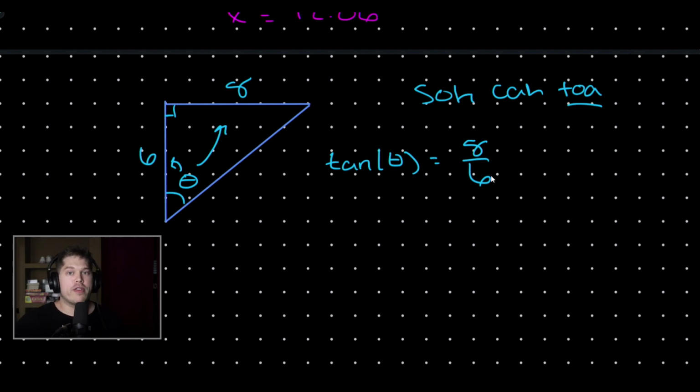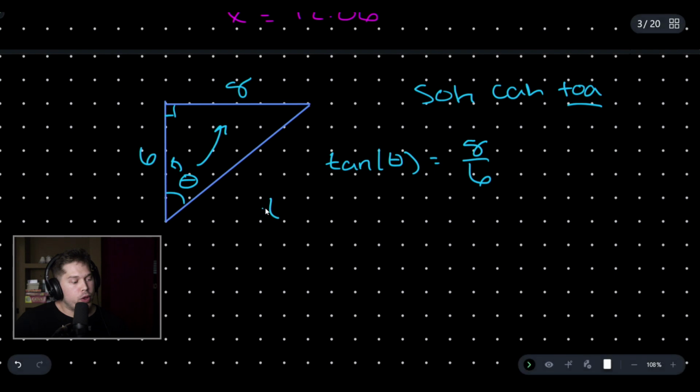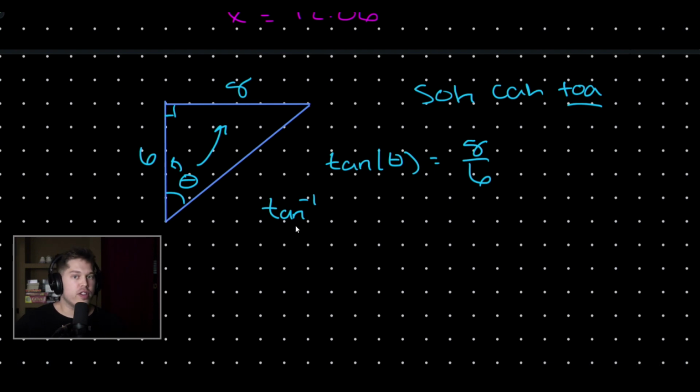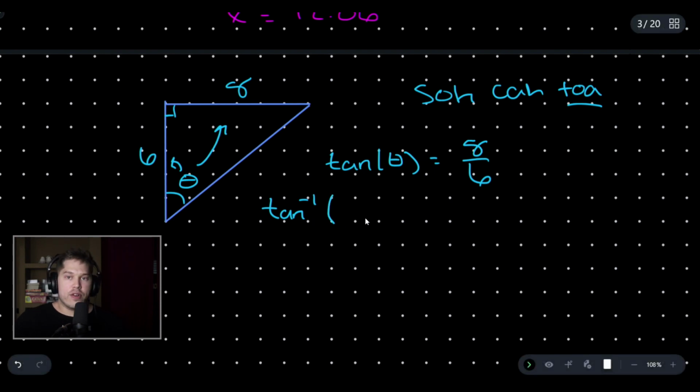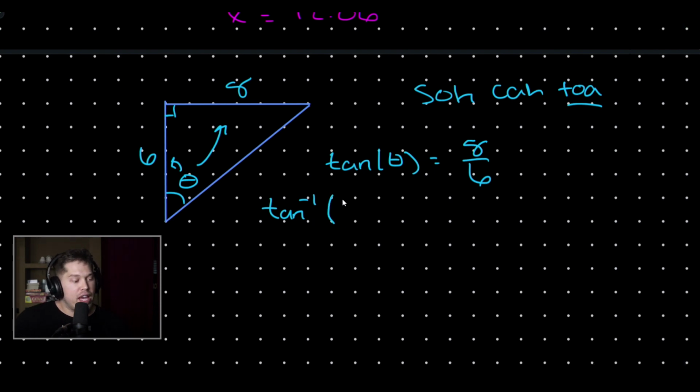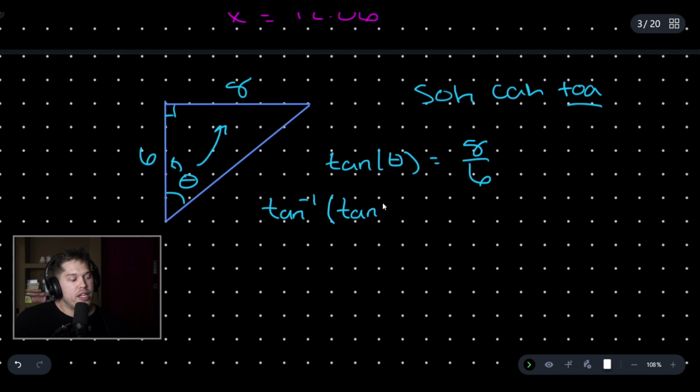Well, all of our trigonometric functions have an inverse. And so what we're going to do is apply the inverse of our trigonometric function, denoted by tangent to the -1 power. The inverse tangent is also referred to as the arctangent. And what the inverse tangent function does is it peels away the tangent function.